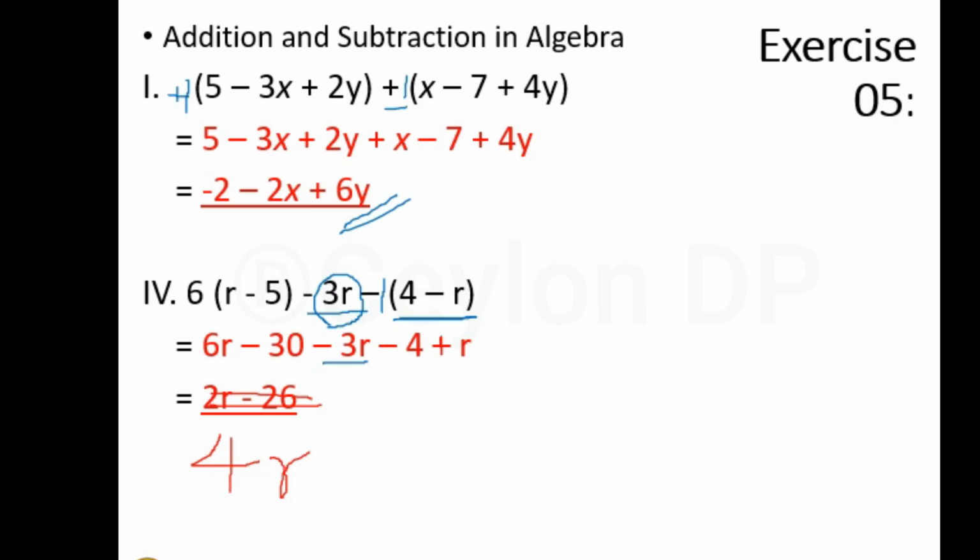And then minus 30 minus 4, then you have to add. The answer is minus 34.